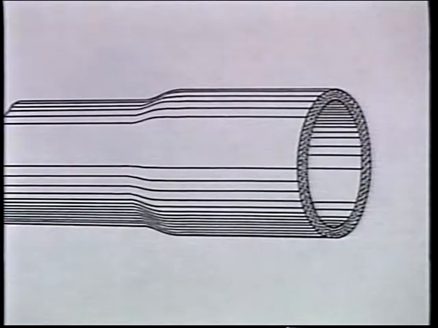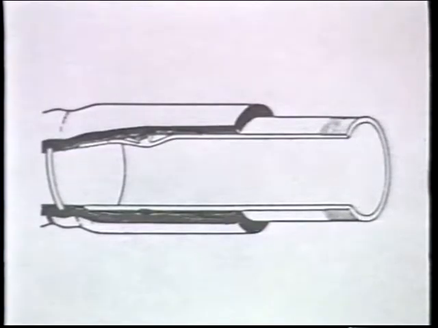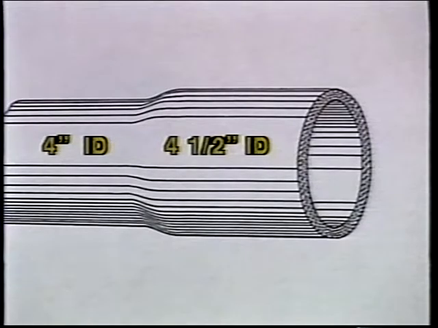These ends accommodate fittings that have a larger OD than the ID of the hose. For example, a 4-inch ID pipe nipple has an OD of 4.5 inches. Therefore, the hose end of a 4-inch ID hose with enlarged ends would be enlarged to 4.5 inches.